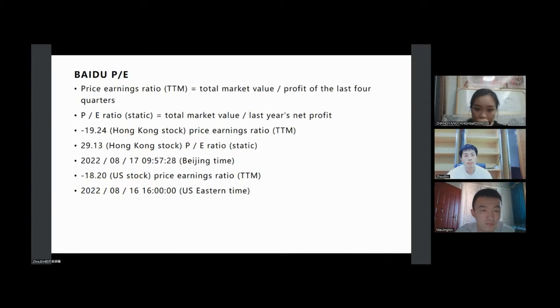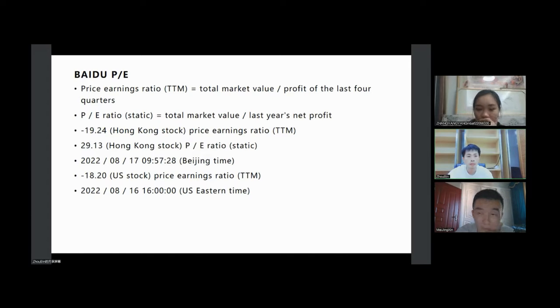Baidu PE, price earnings ratio, equals total market value divided by profit of the last 4 quarters. PE ratio equals total market value divided by last year's net profit: negative 19.24 Hong Kong stock price earnings ratio, 29.13 Hong Kong stock PE ratio.